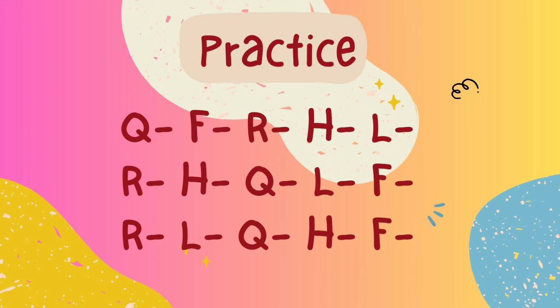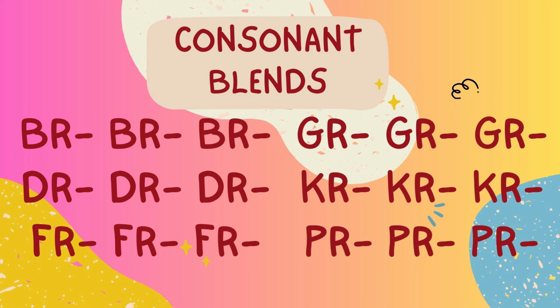How was your practice? I hope that you were able to still remember the previous lessons that we had with the other letters from lessons 1 to 17. Now we have consonant blends. So consonant blends are two consonants.